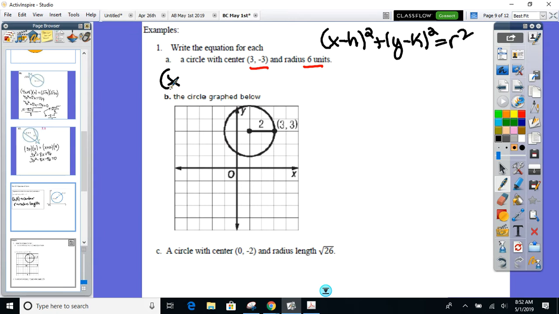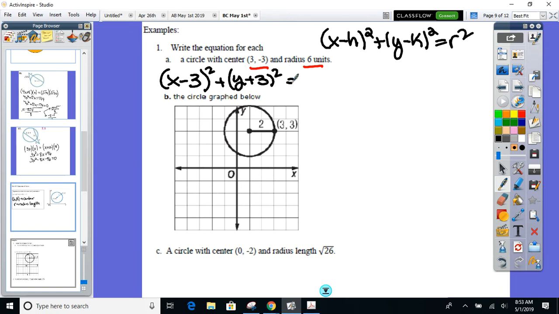So into the formula, I'm going to write (x minus 3) squared plus, what's the y coordinate of the center? -3. Now be careful. What's going to happen when I plug in a -3 for k? It's going to become y plus 3. So yes, you just change the signs when you plug it back in.